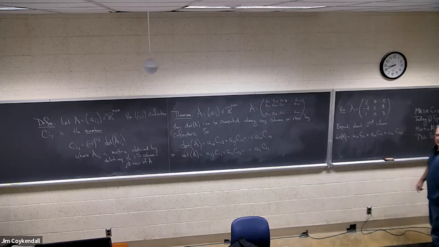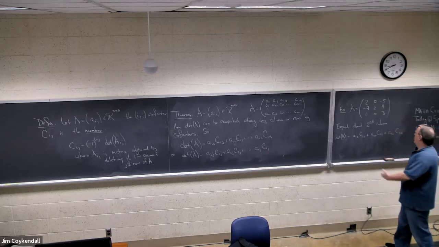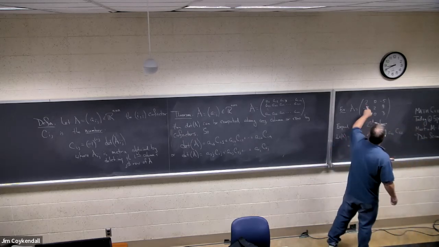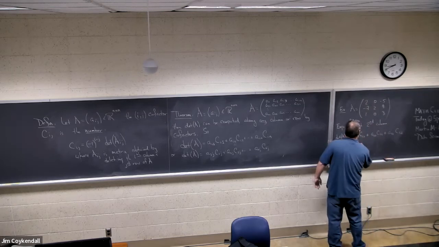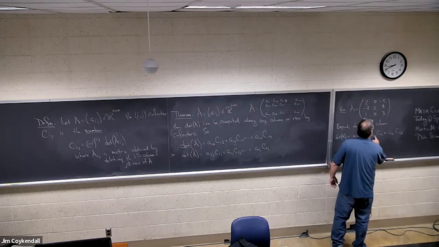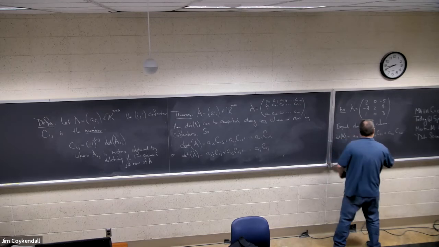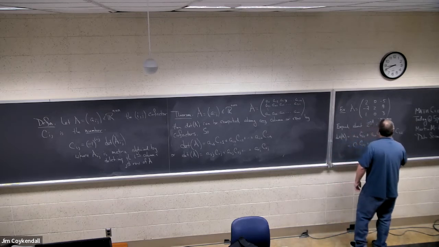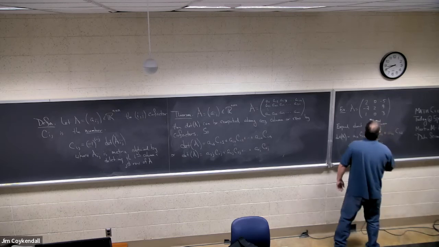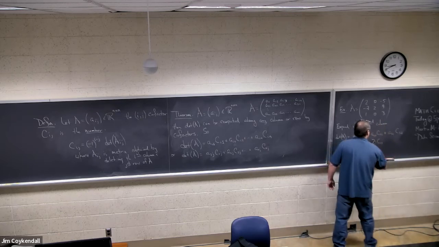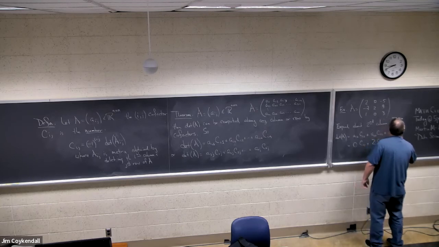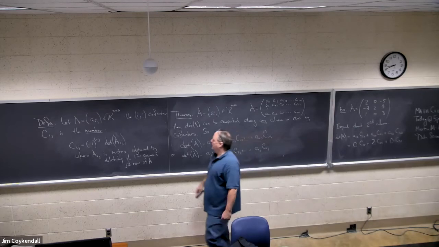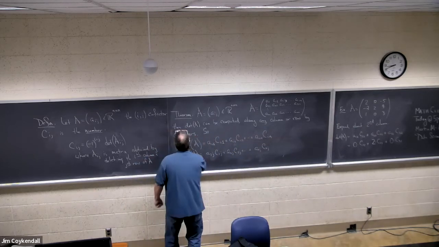Now I'm expanding about this second column. The other entries are zero, so only the a22 term survives, and all of a sudden our work is so much easier.